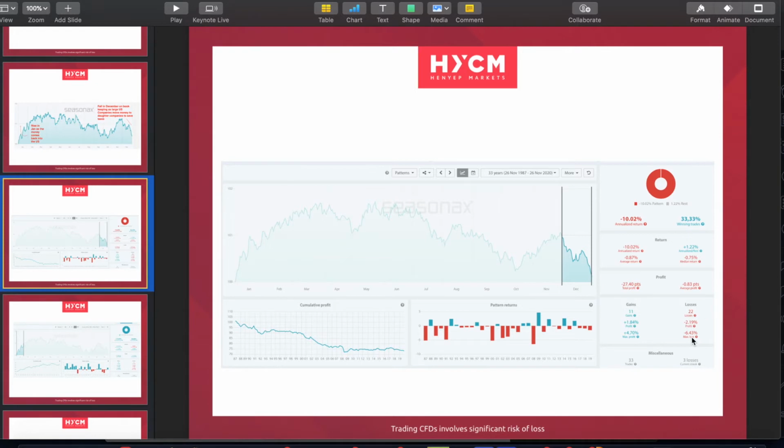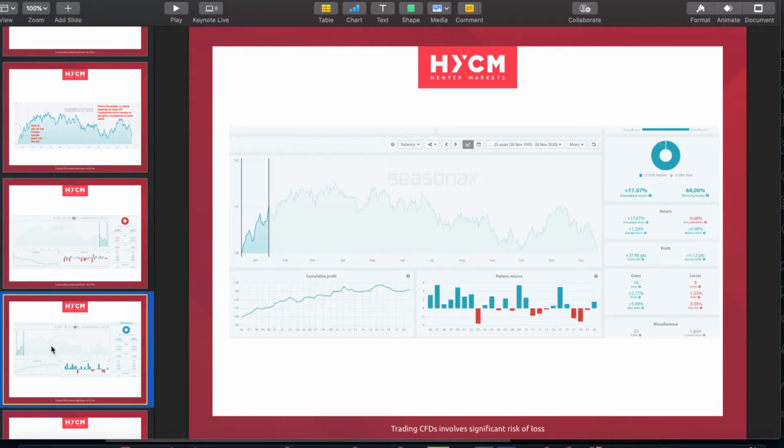And the maximum loss was minus 6.43%. So from a seasonal perspective, the dollar index tends to be very weak at this time of year. Just to illustrate the point, conversely, the dollar index tends to be very strong in January. And that's a pretty helpful little pattern to be seeing.